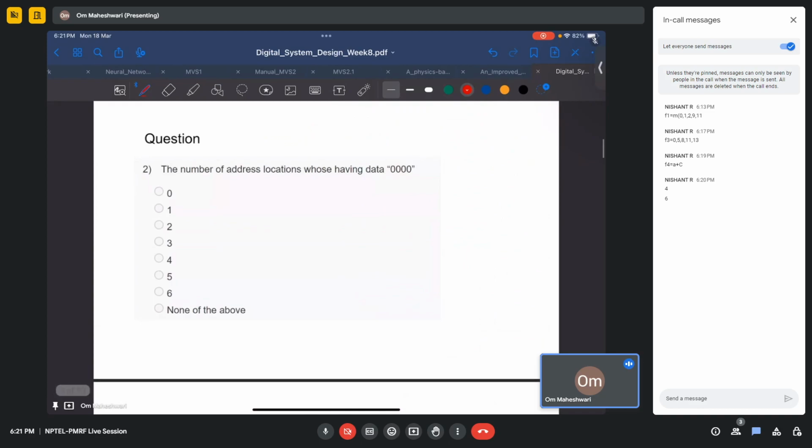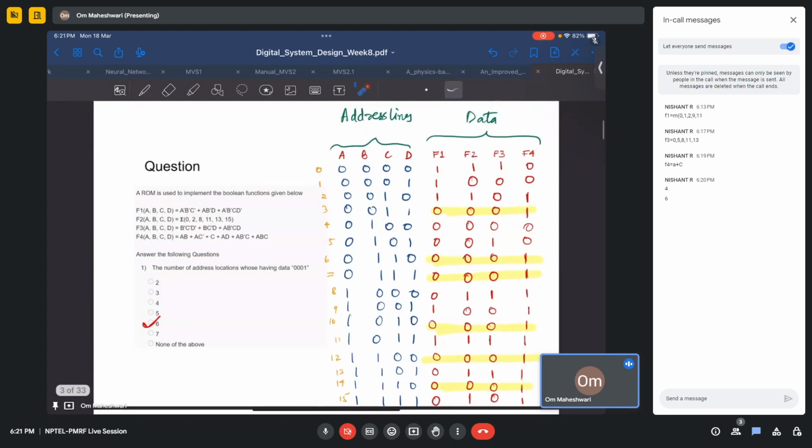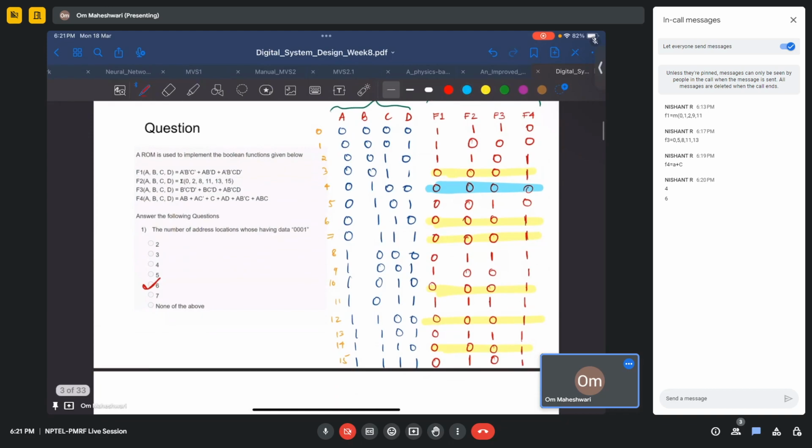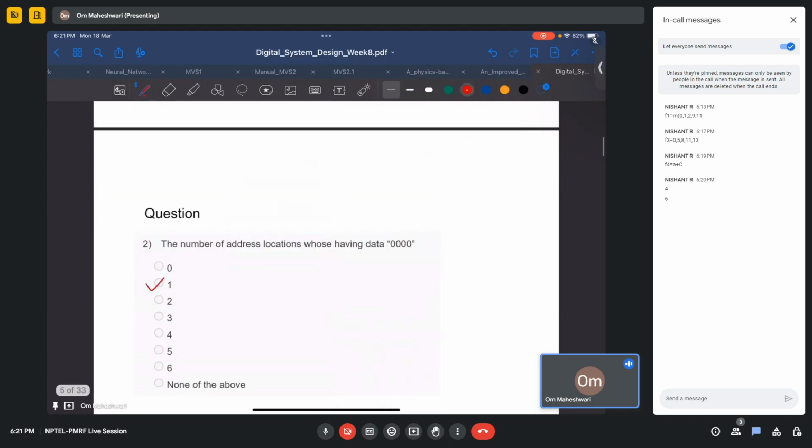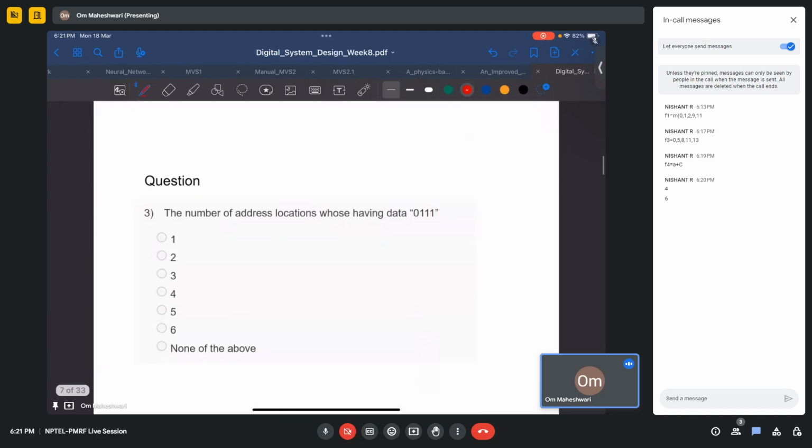Next one is number of address locations having data 0, 0, 0, 0. So how many zeros? 4 zeros. We have only one, this one. Only one. Next is having 0, 1, 1, 1.